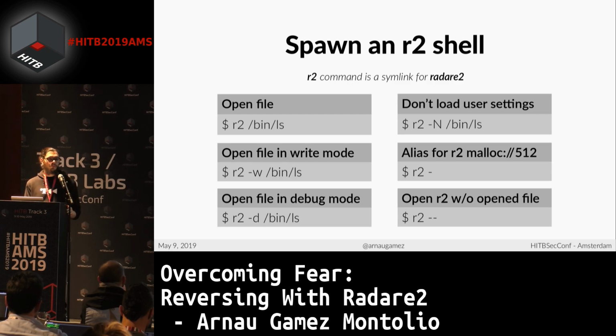It will give us 512 bytes of memory, so we can write in it, and we can modify it. We can write whatever we want, and we can also save it to a file. And the other option is, okay, I don't really want anything to be opened or memory to be allocated. I just want to look through the shell and its options. So with two dashes, it will spawn a shell, but it won't attach to any file.